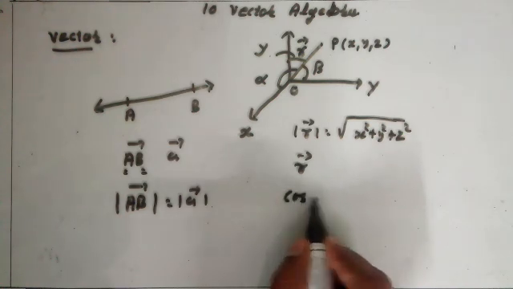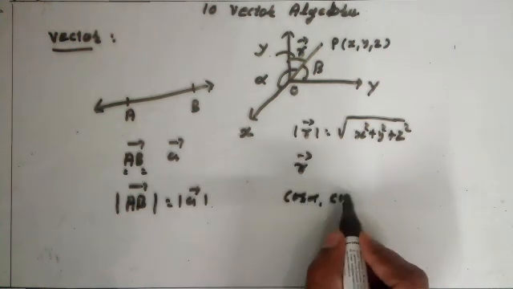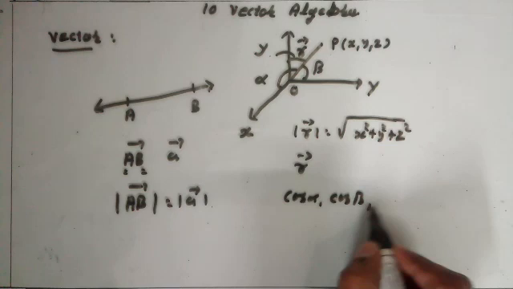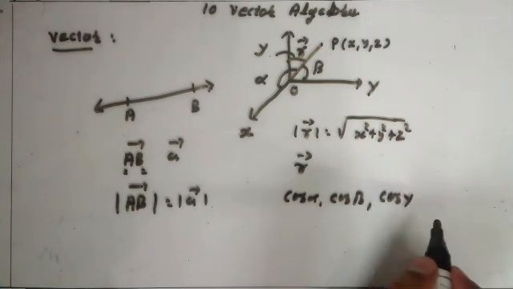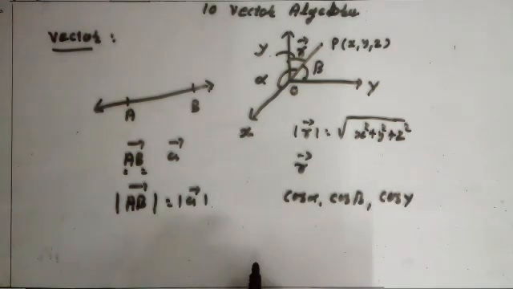That is, cos alpha, cos beta and cos gamma are called direction cosines.